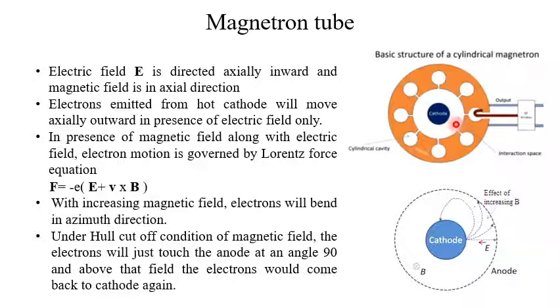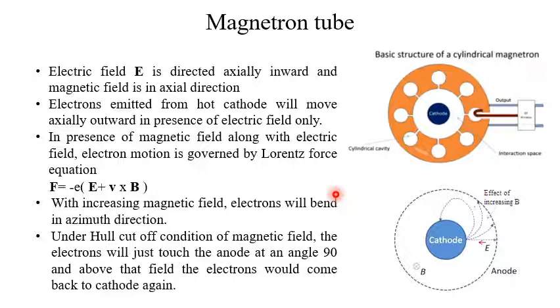That means first we consider the electron motion in presence of only the electric field, then we will consider the electron motion in presence of the electric and static magnetic field, and after that we are going to consider the electron motion under the three fields: static electric field, static magnetic field, and the RF field. The electric field is directed radially inwards and the magnetic field in the axial direction.